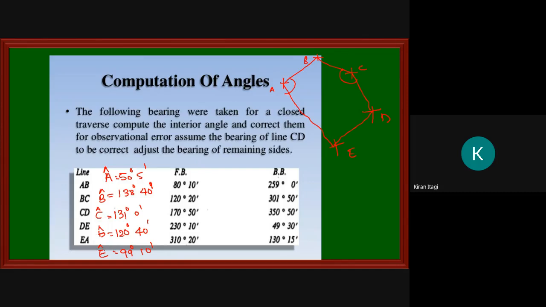Whether angle E is correct: just minus 310 degrees 20 minutes from 49 degrees 30 minutes, 260 degrees 50 minutes.